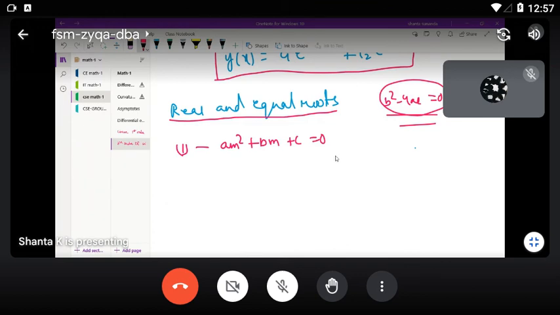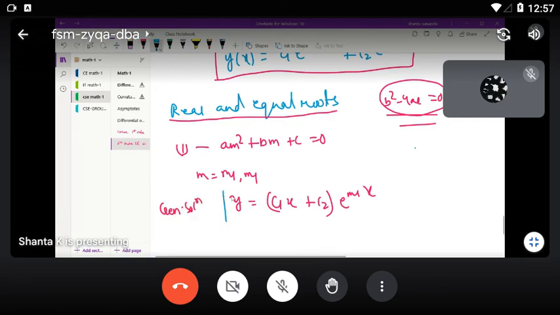You will be getting the solution e power m1 x. The roots are m equals m1, repeated. So here the solution will be of this form: (C1 x plus C2) e power m1 x. This is the general solution if you have the repeated roots.